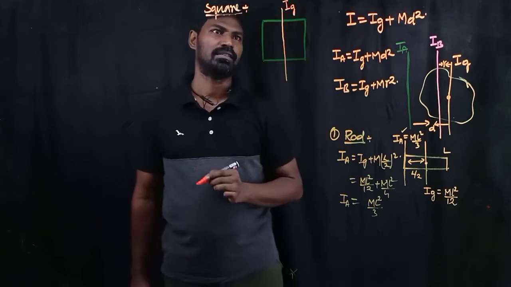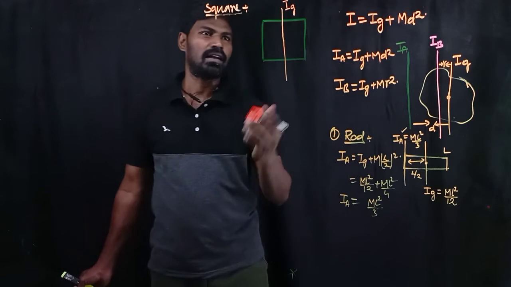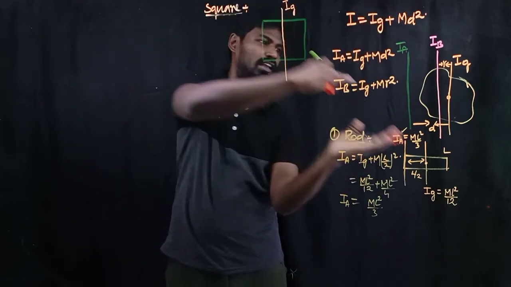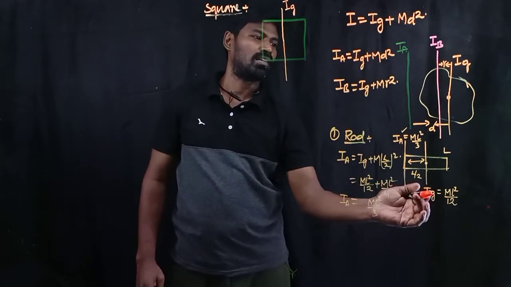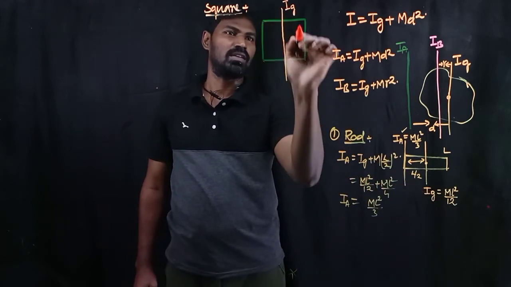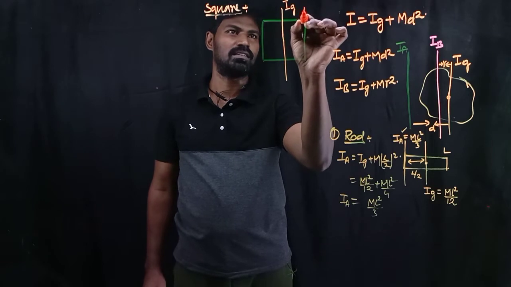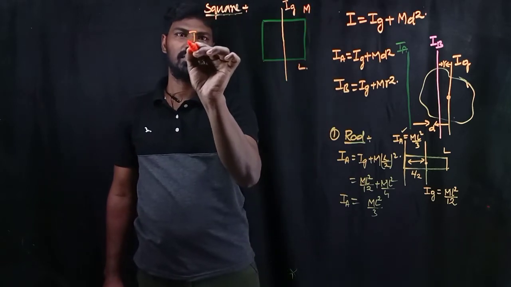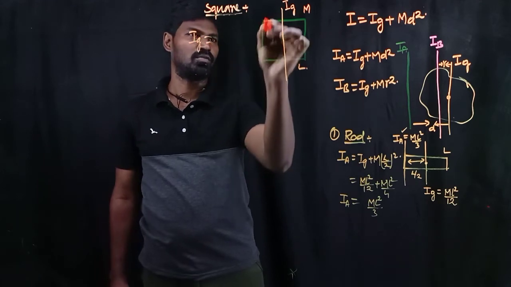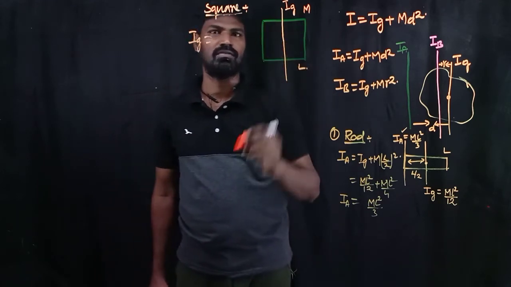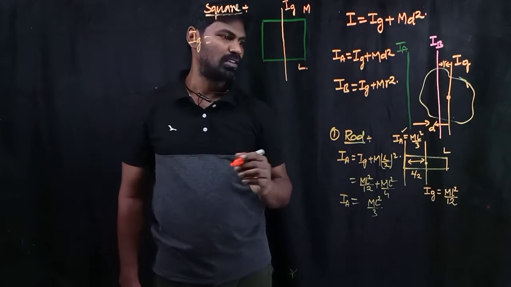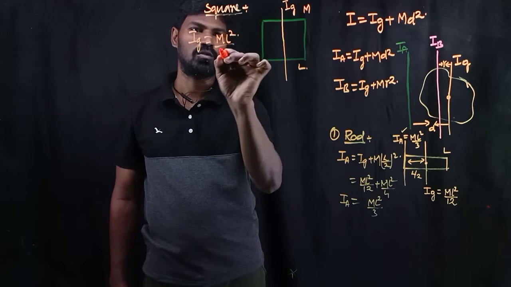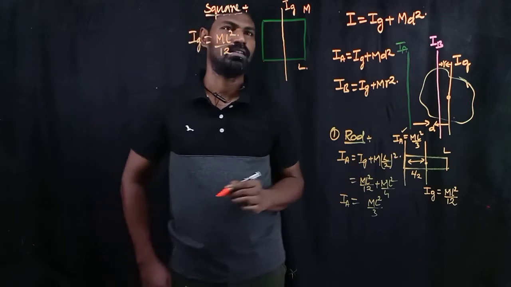Already we calculated it. How much is it? Because along this horizontal direction, it is very much like a rod only. So Ig for rod and Ig for this square lamina are both going to be the same. If its mass is M and its length is L, then Ig, which is parallel to one of its edges, is given by Ig equal to M L square divided by 12 only, same as the rod.